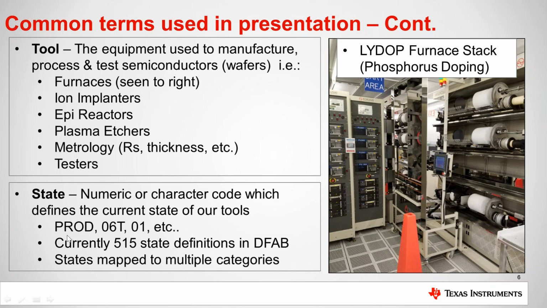I listed a few: obviously prod for production, 06Ts for tube change for diffusion, and 01, which is pretty standardized across all modules. It has to do with a hard down for a tool. So if we had an electrical or mechanical failure on a tool, or an issue with the pump for a low pressure process, it might go into 01. It just depends.